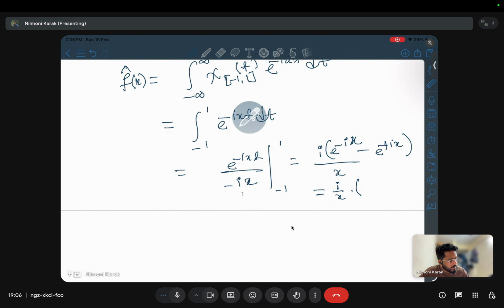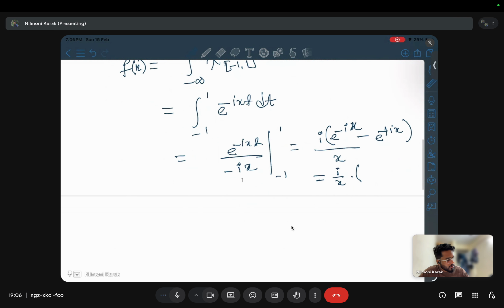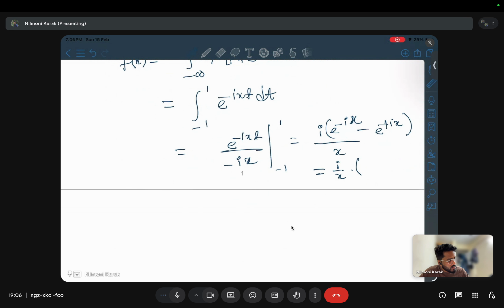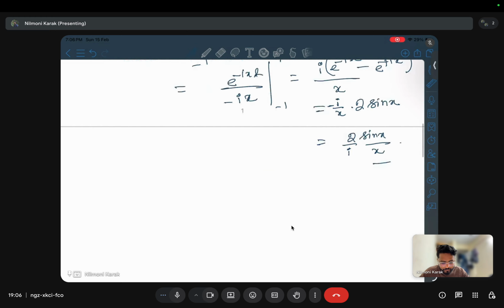This is basically 2 sin x, roughly 2 by x times sin x. So by definition, you can calculate the Fourier transform.